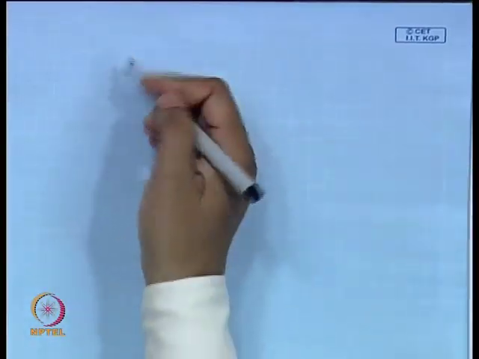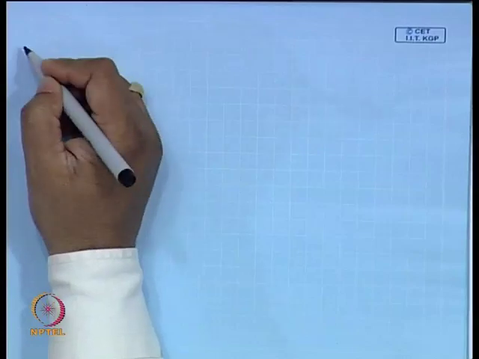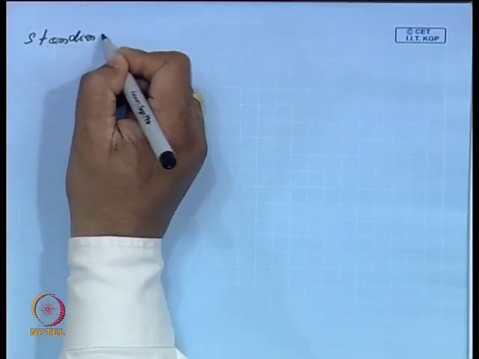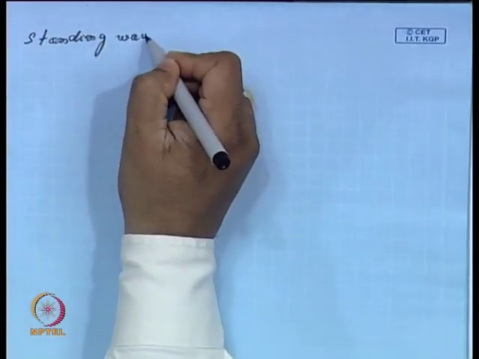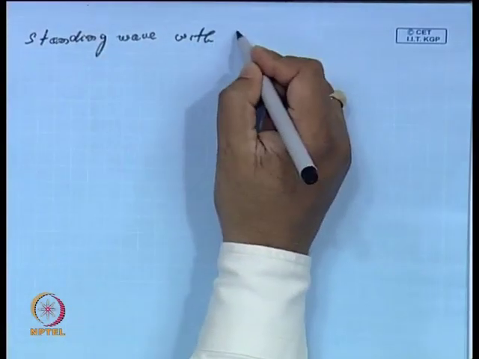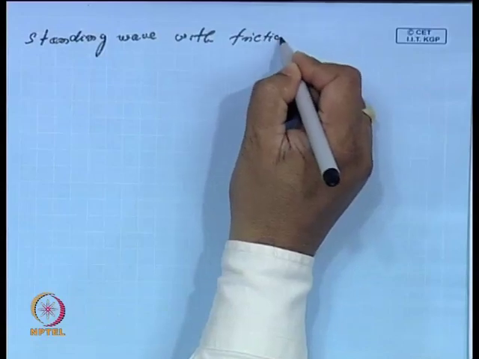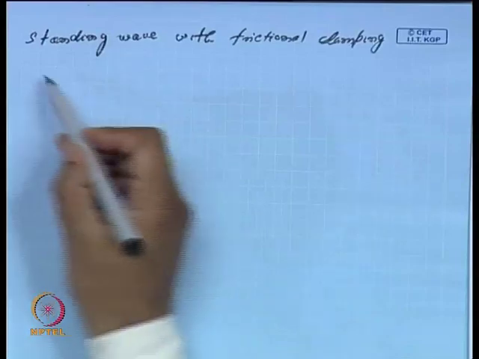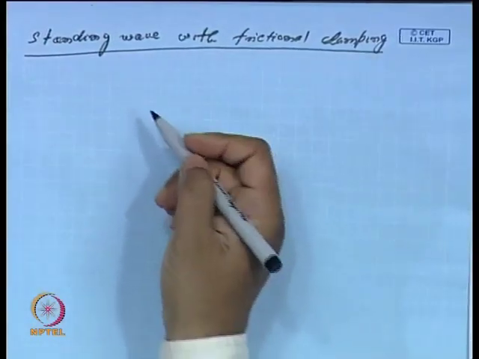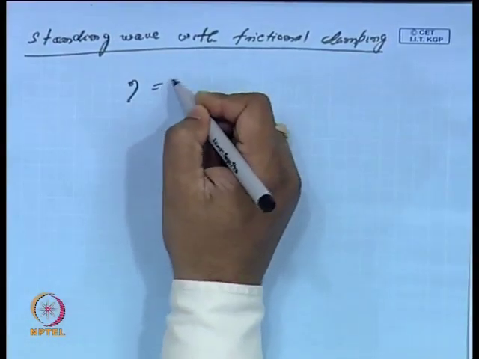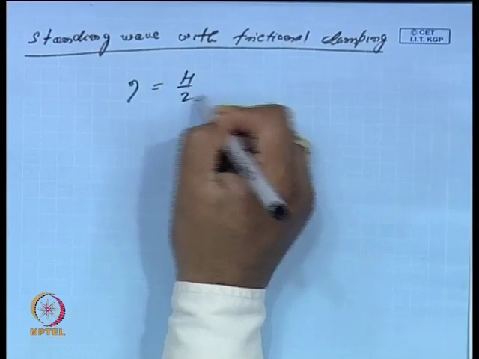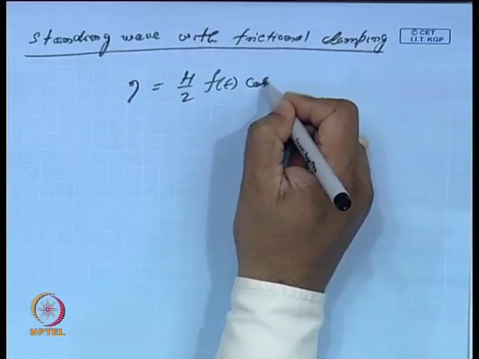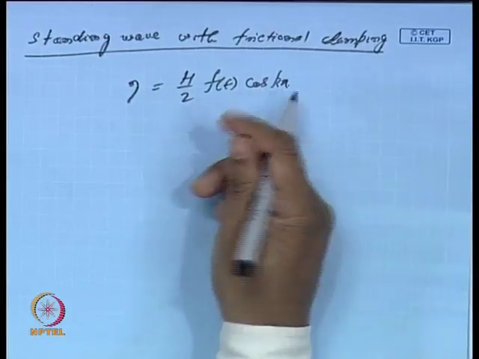To analyze this problem, let us consider two separate cases. Suppose I am looking at a standing wave with frictional damping. Then let me say that eta is equal to H by 2 into f of t into cos kx.